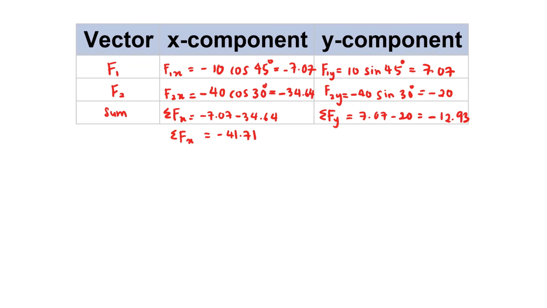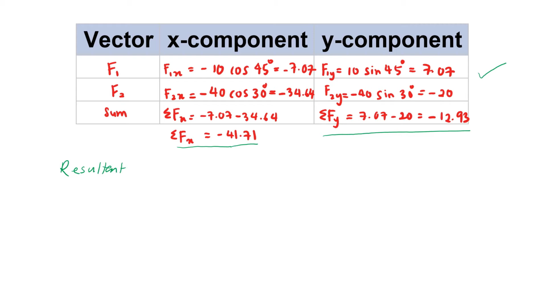So this is basically the calculation that we have done just now. We have got the final collective number of summation for the x-axis and also the summation for the y-axis. Now we are at the step of calculating the resultant force, or the resultant vector. You have to know that we have a formula for the resultant.